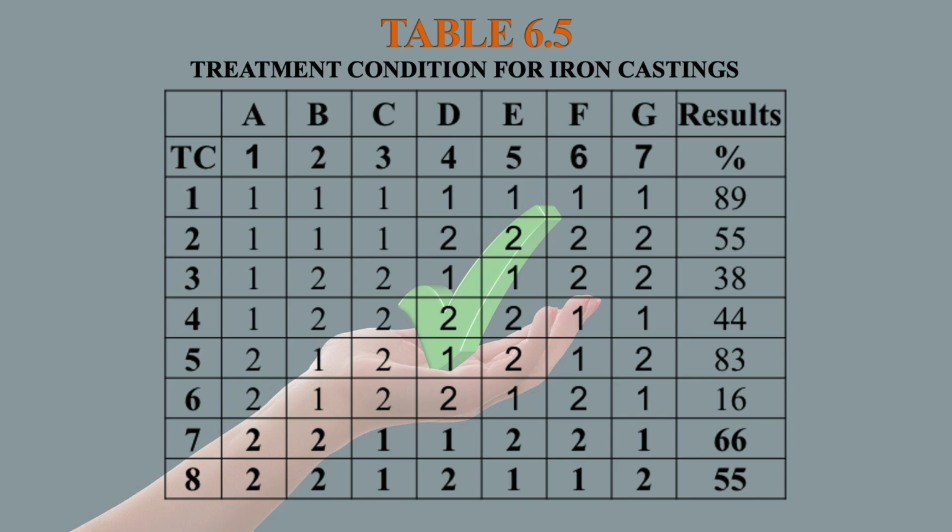For TC1 it is 89%, meaning 89% of these components need grinding. For treatment condition 2, with a high level, we conduct the test, and here 55% of casted materials need grinding. Like that, through the various conditions up to the 8th, it is 55% of casted materials needing grinding.